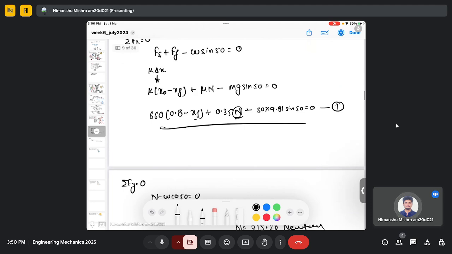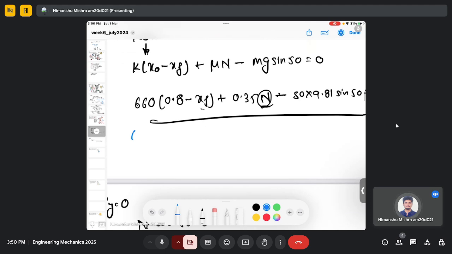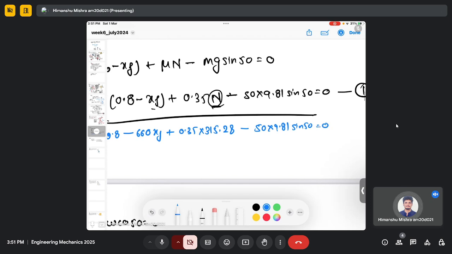If I use equation 1, I will have 660 multiplied by 0.8 minus 660 xf plus 0.35 multiplied by 315.28 minus 50 multiplied by 9.81 sine 50 equal to 0.